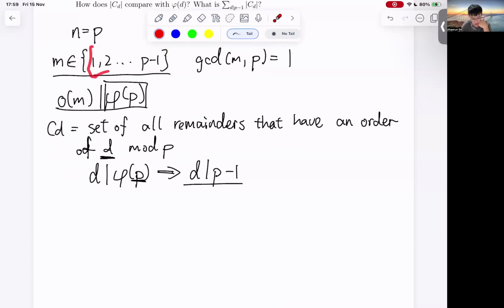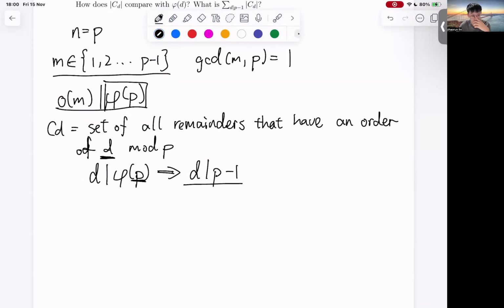So every n in this set should have one and only one order. If we sum over all of the possible orders d, it also covers all of the elements here.